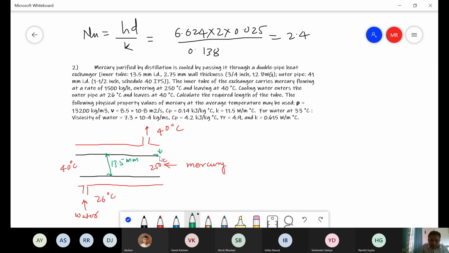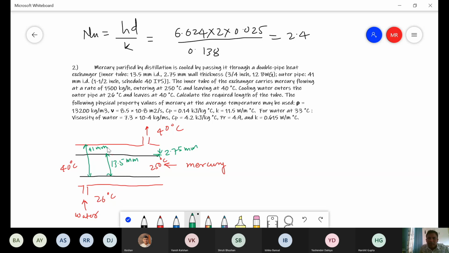The wall thickness is given as 2.75 mm, and the outer diameter of this particular pipe is 41 mm. Okay, so this is what has been given.